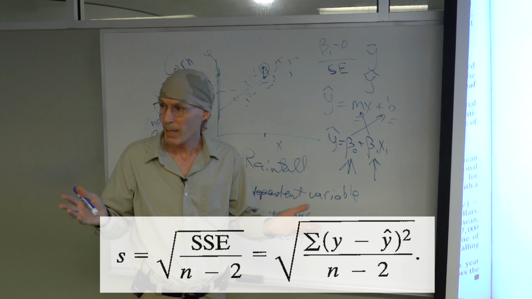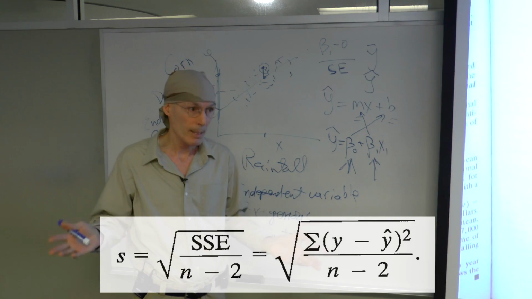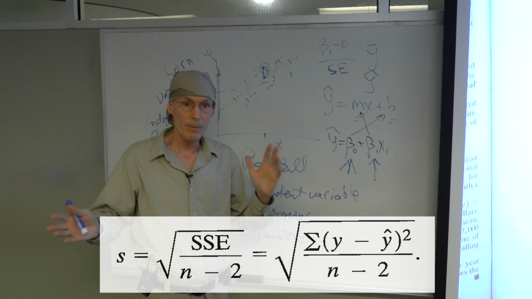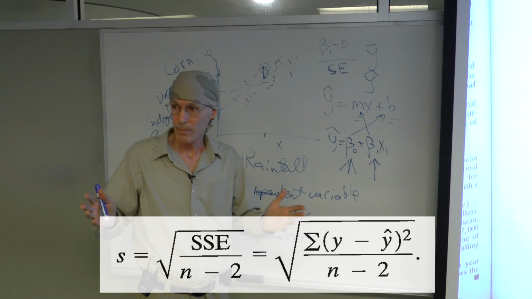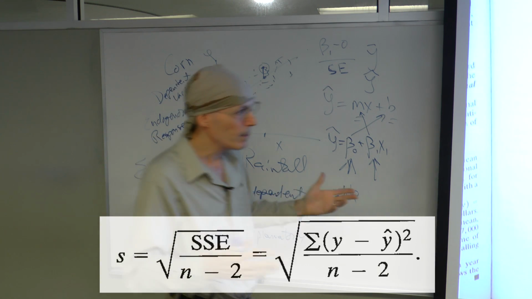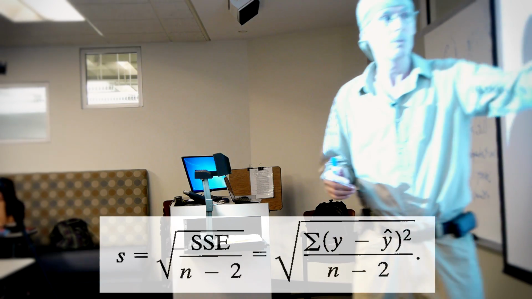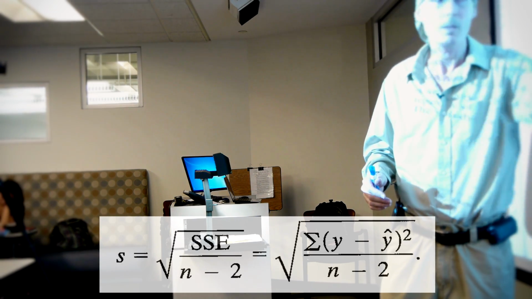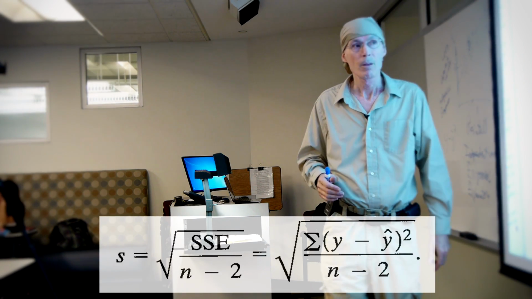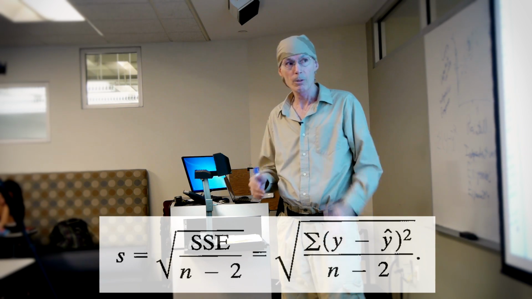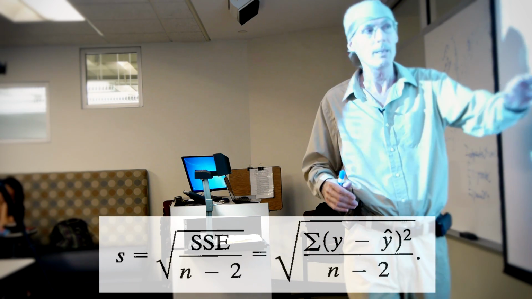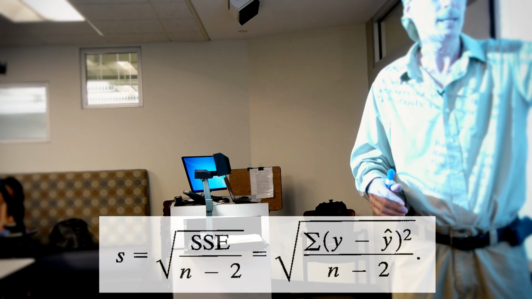And if I add them all up, I'll just get 0, so that's not going to help me. So I've got to get rid of the negatives. So how do I do that? We do it the same way we did before, which is the squared term.